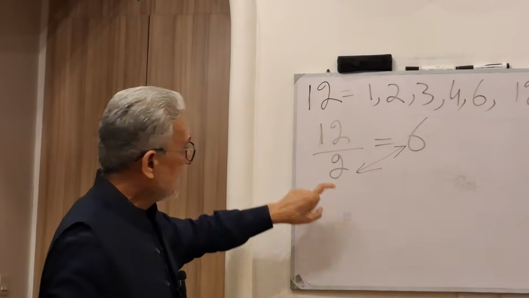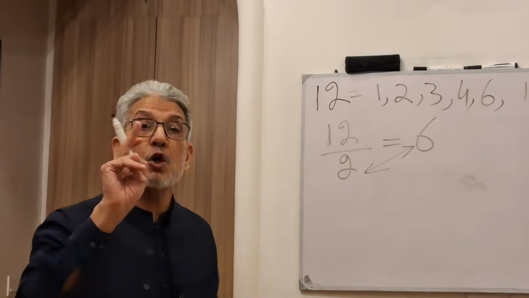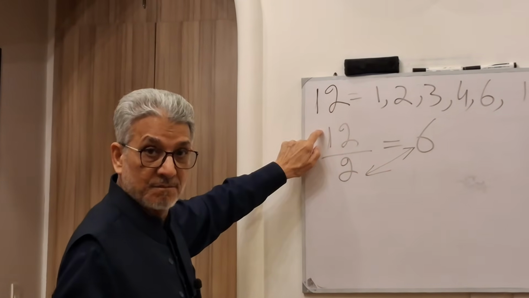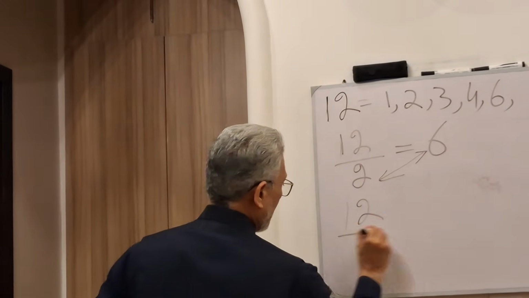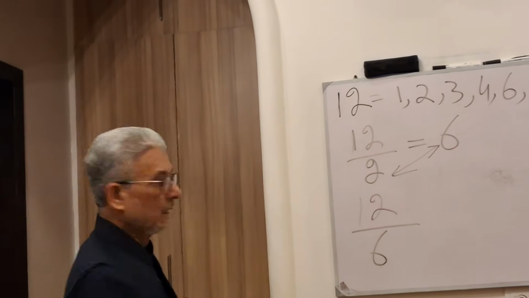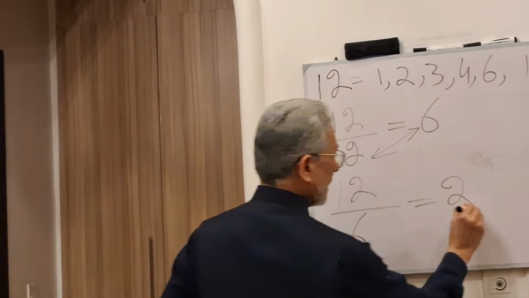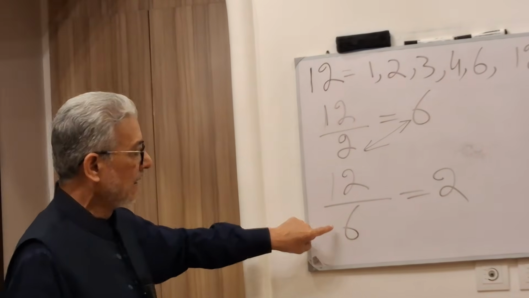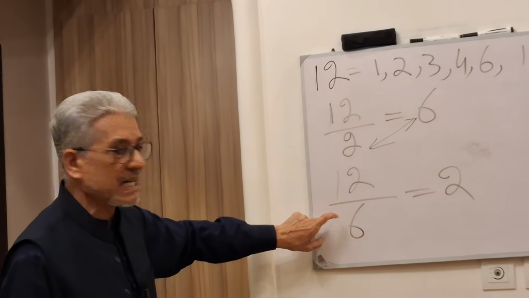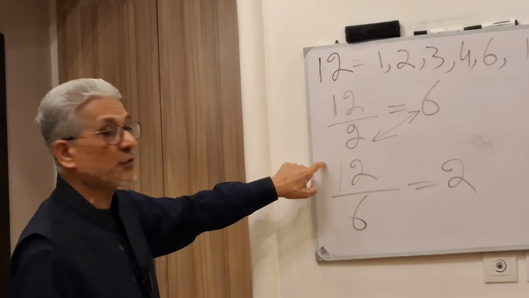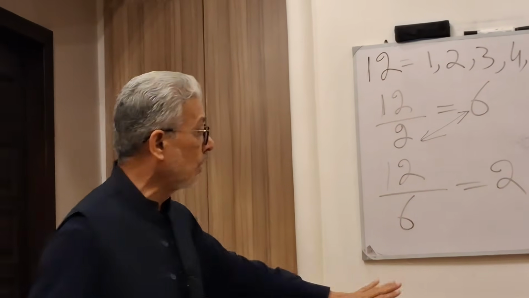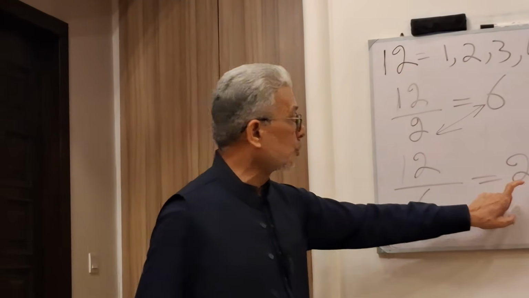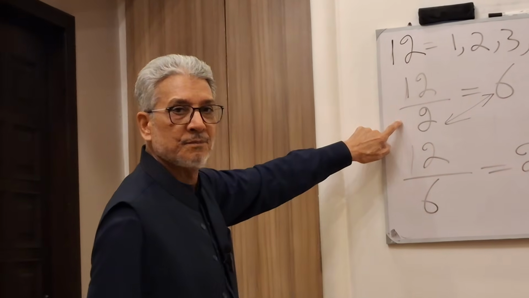It means that 2 and 6 both are factors of 12. Because if you divide 12 by 6, you will get 2. So when 6 becomes divisor, it divides 12 exactly, equally, perfectly, leaving remainder 0, and you get the quotient 2. So 2 is already a factor you have seen here.